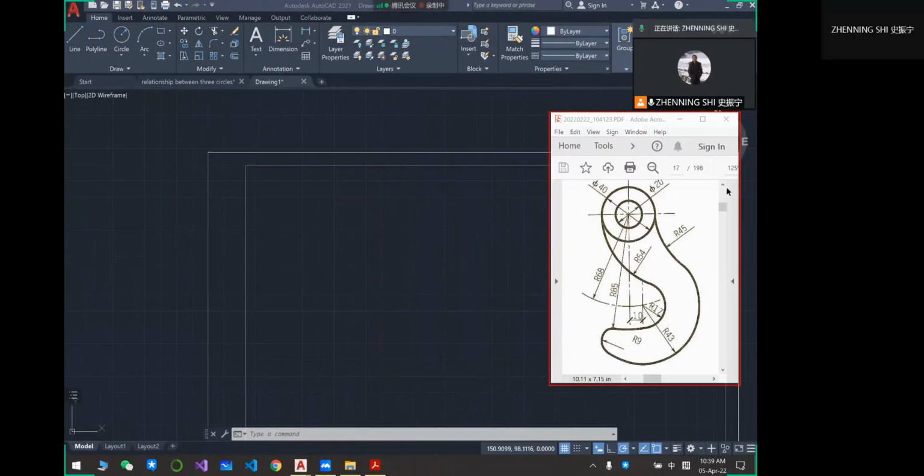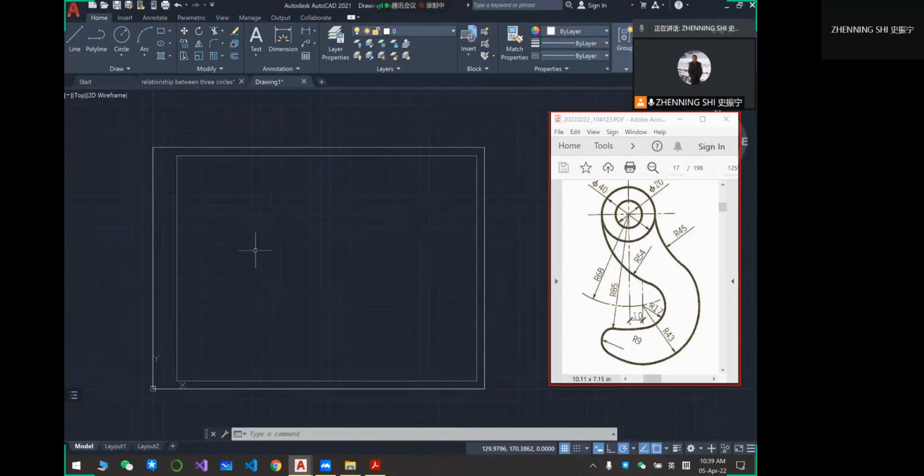Now you can see this PDF file, this hook, with the dimension line. At first, you have to choose a suitable position for this circle center.